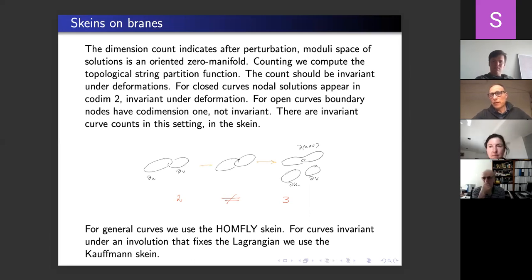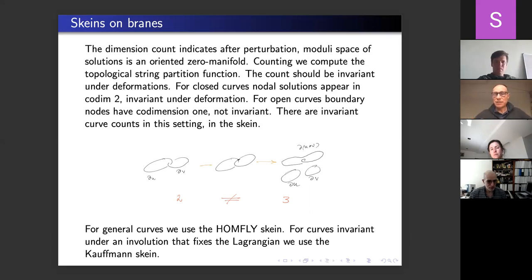And so the point is that we need to do something. We cannot just naively count the curves by their Euler characteristic and something like that. We will write formulas in a second. The solution to this problem, or a solution to this problem, is to count the curves by their boundaries in what's called the skein module of the Lagrangian brane.